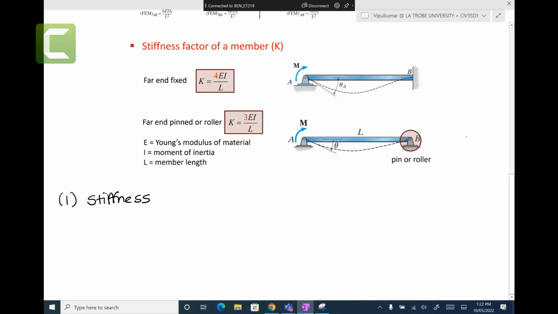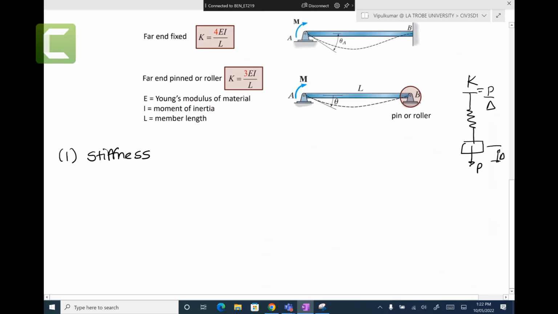So stiffness is how stiff it is, right? If I take a spring and load it with some force, the stiffness would be P over delta, the load over the displacement. That is represented by capital K. The stiffer it is, the harder it is to displace. So for stiffness, we have 2 equations.